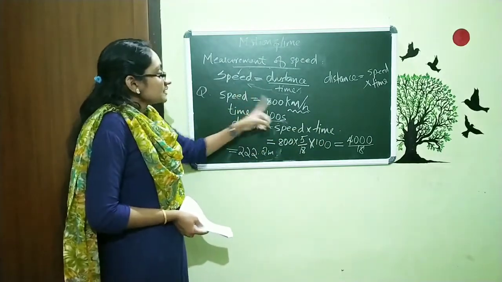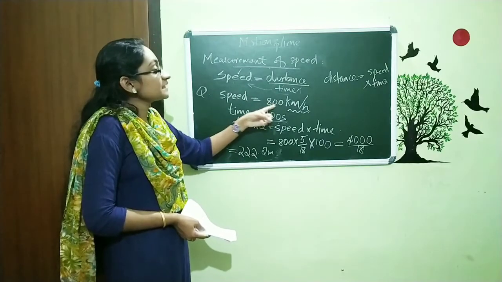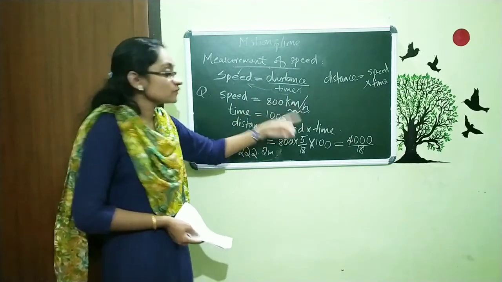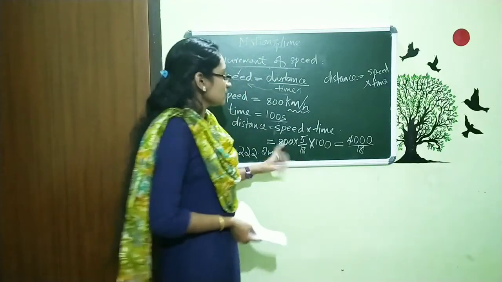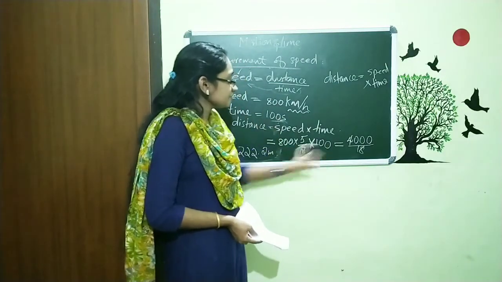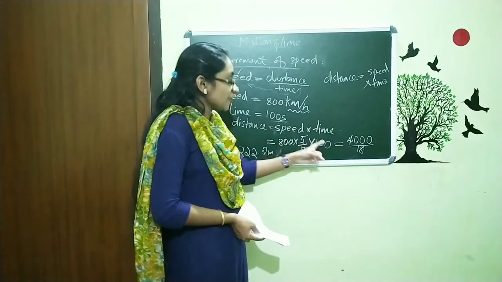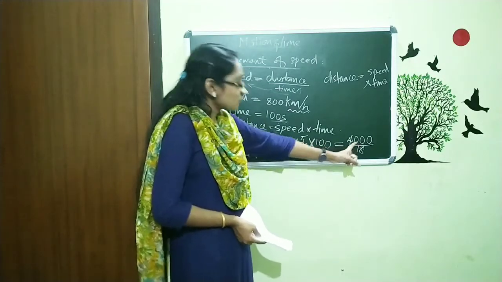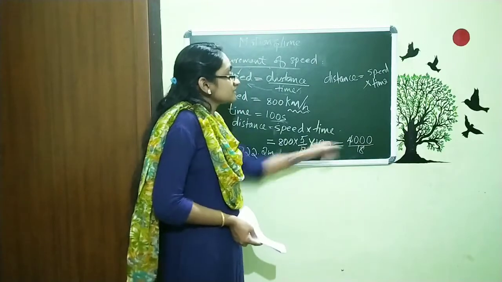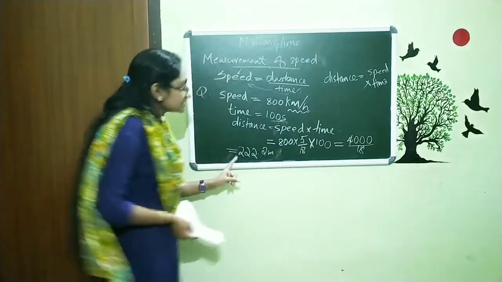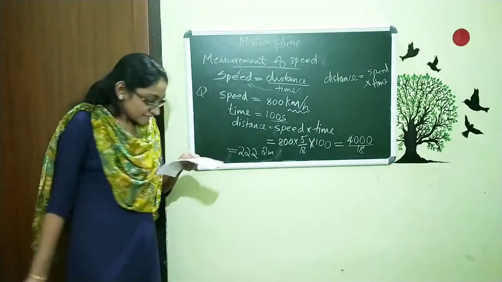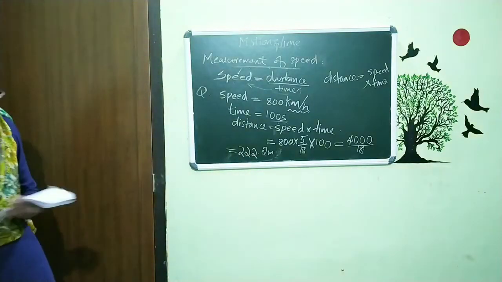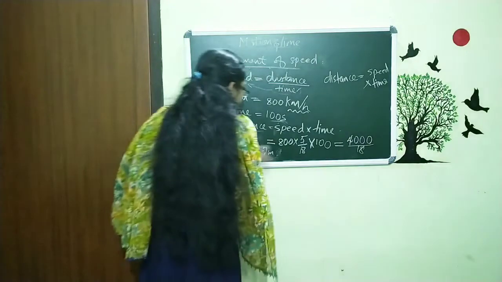The speed is in kilometer per hour, so we multiply that 800 with 5 by 18, making it together: 800 into 5 into 100. Then we get 4000, divide by 18, and finally we get 222.2 meter. This is the question.